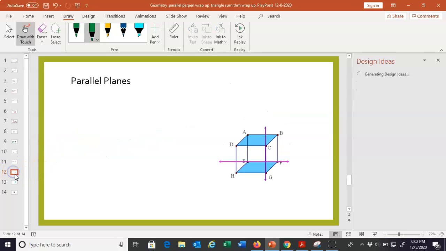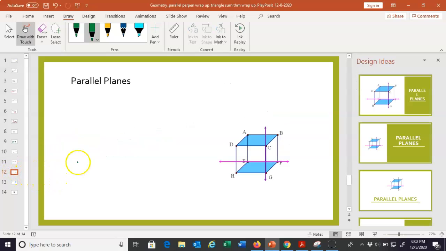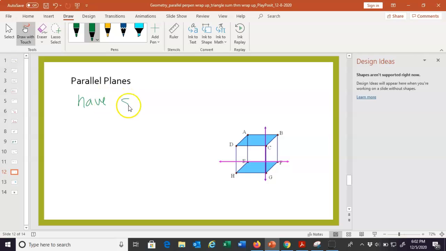All right. So let's talk about parallel planes. Parallel planes in a space are exactly what you might think they are. They're just like parallel lines in 2 dimensions. They have the same slope and they do not intersect.